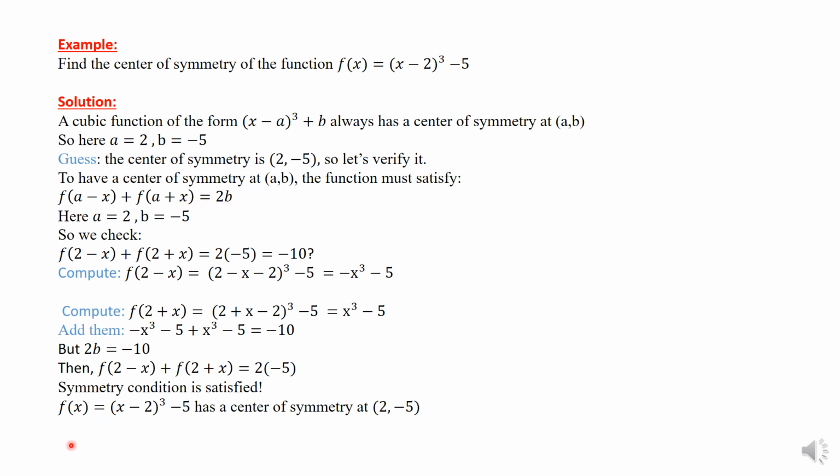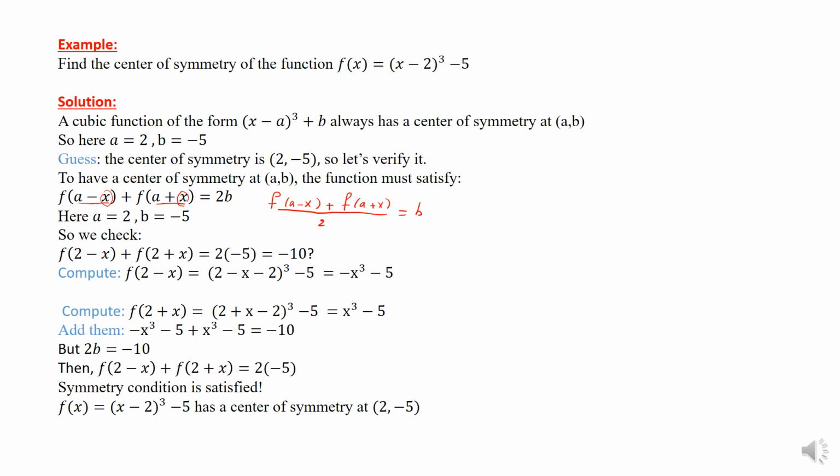In other words, as we worked before, you need to verify that the 2 points that are equally distant from A have y values that average to B. So f(a - x) and f(a + x) are 2 points that are equally distant from A, so their y values should average to B.